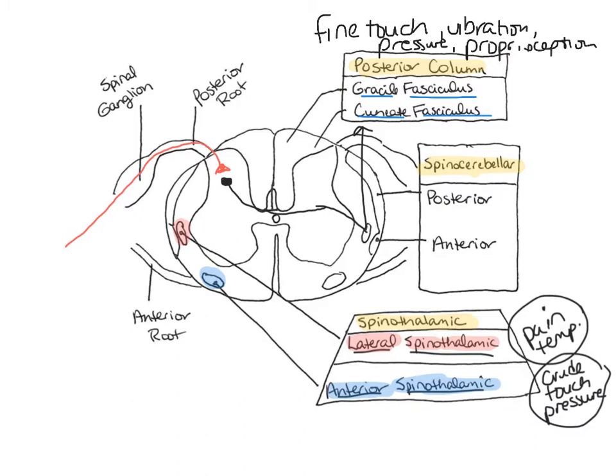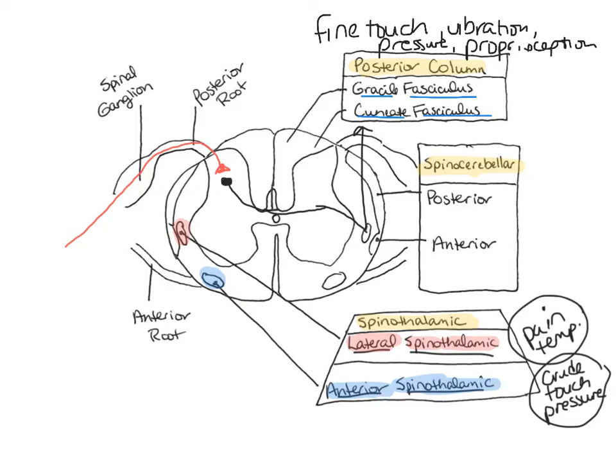Okay? The fasciculus is the tract that's carrying it to the nucleus. You said to the thalamus? To the thalamus, yep. We're going to see on another picture how it gets to the thalamus, okay?